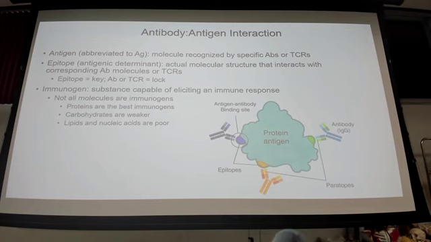And then in terms of what actually works as an immunogen, not all classes of macromolecules are equal in the eyes of antibodies. Some are better than others. The best and the easiest in terms of forming a very tight bond, high affinity binding, is a protein target.